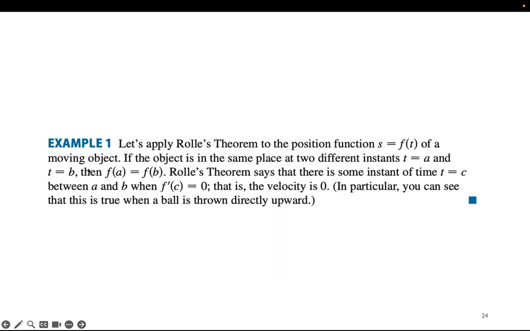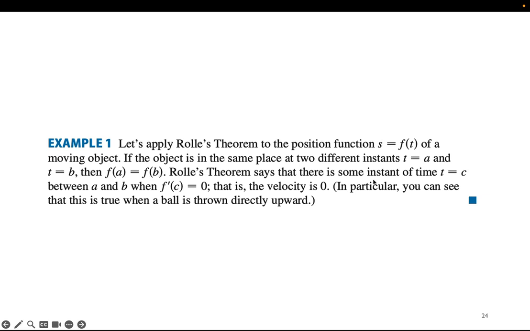And let's apply it to an application. Let's say we have a position function, f of t, of a moving object. So say an object goes left or right. And let's say that the object is at the same place at 2 different times. So at time A and at time B, the object is at the same position.